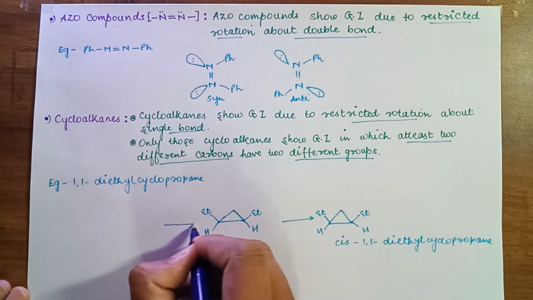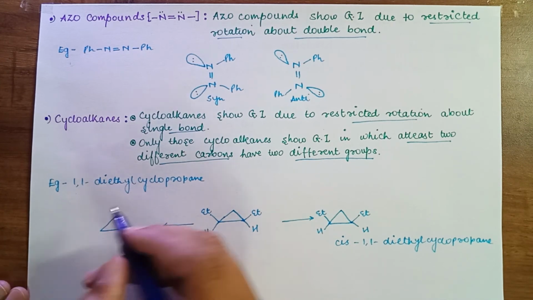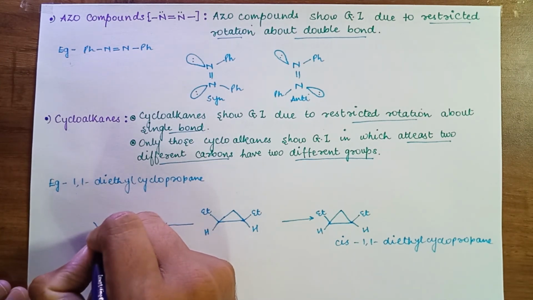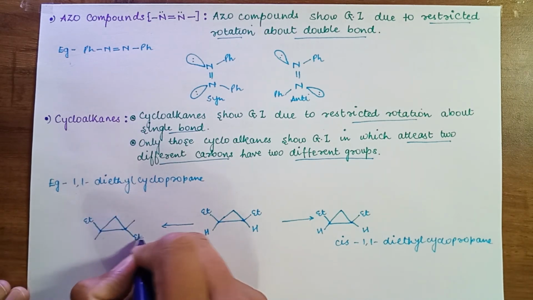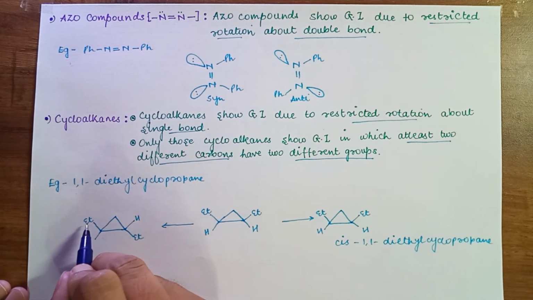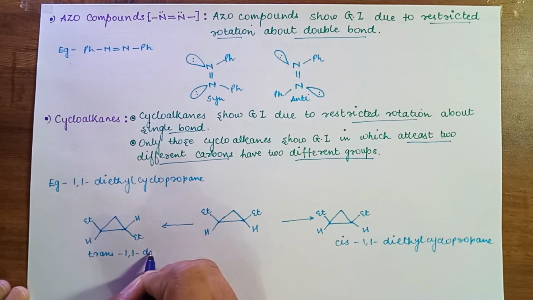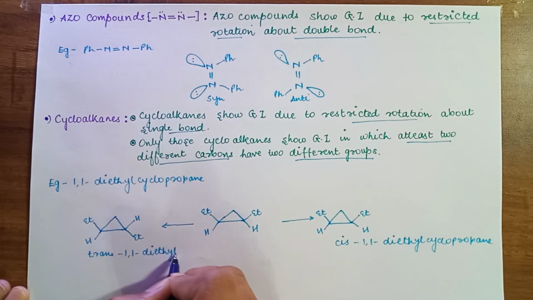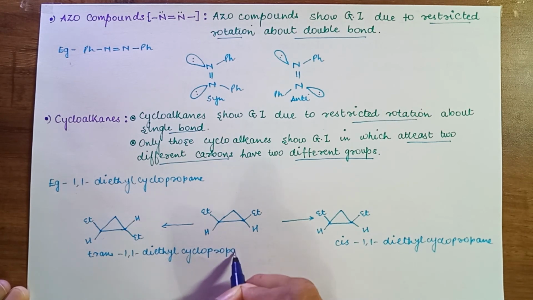The next possible isomer: Et, H. So here two same groups are present on opposite sides, so it will be trans, my trans 1,2-diethyl cyclopropane.